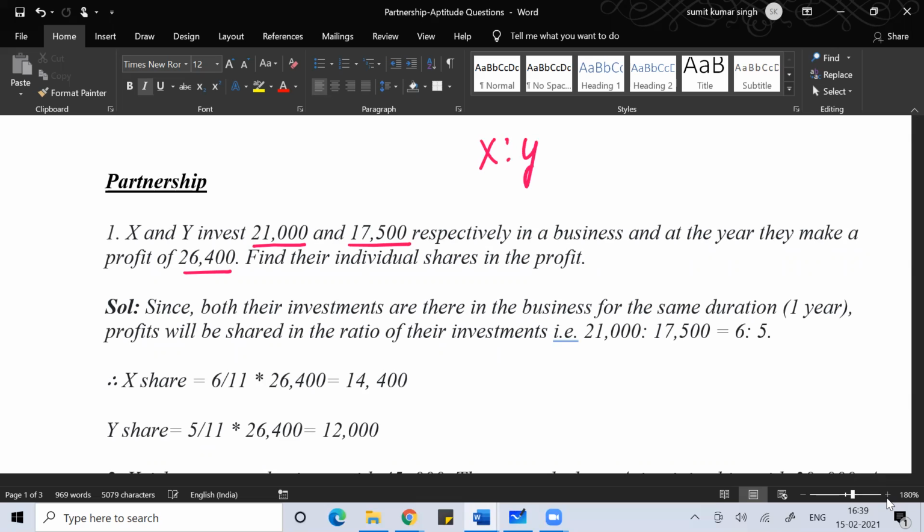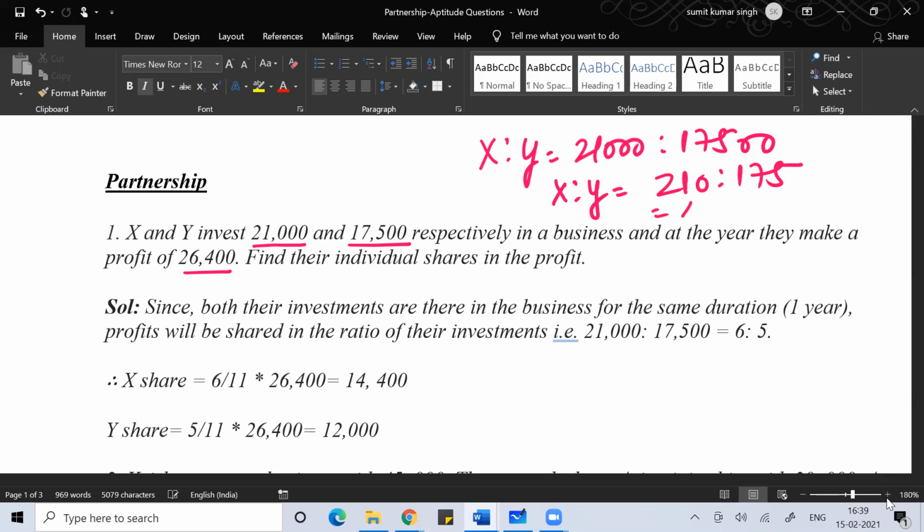The ratio of the investment is 21,000 is to 17,500. So this is 210 is to 175, which I can say is 42 is to 35, which is 8 is to 7. This is the ratio of the investment. The profit is 26,400.